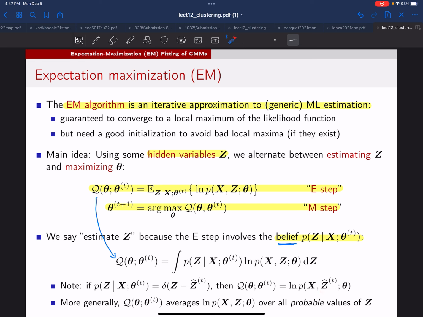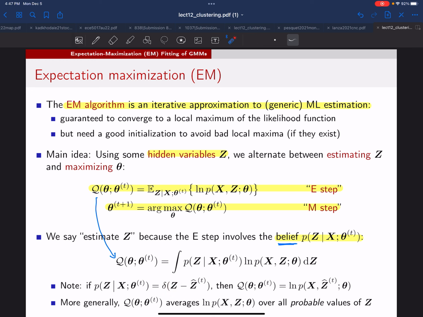hat t. Now, in general, you're not absolutely confident that z is z hat t. There's many values of z that you think could exist at this point.